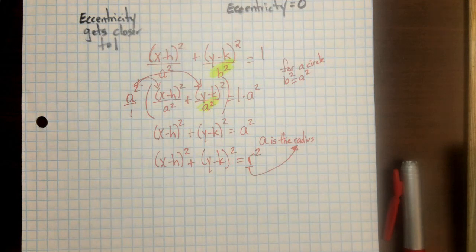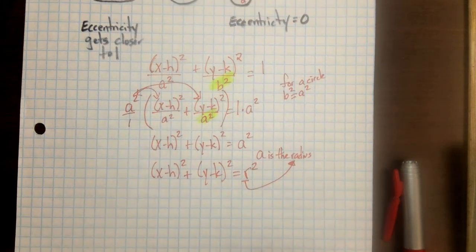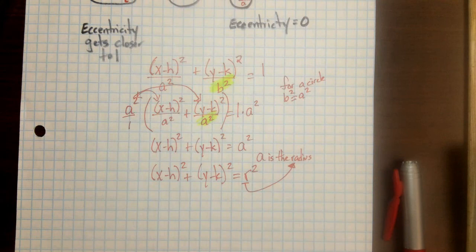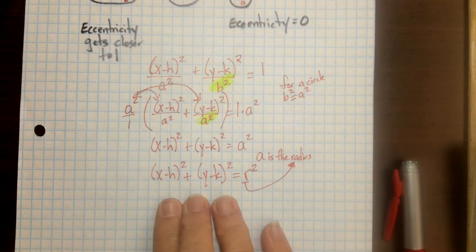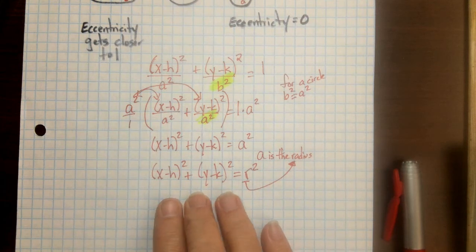Circles are a special type of ellipse. They're an ellipse that has an eccentricity of 0. The two foci get closer and closer and closer until they actually become the same point. And that's how your ellipse kind of condenses into a circle. So the equation for a circle is actually easier than an ellipse, but it's going to have a lot of the same characteristics, right?